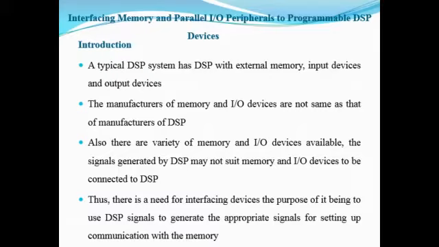So we go with an appropriate signal generated by the DSP processor to set up communication with the memory unit. That is how a memory is connected to a DSP.